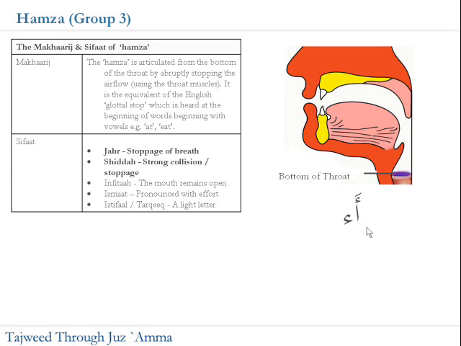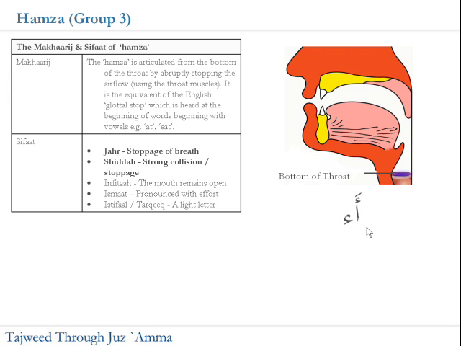So in terms of practicing, this takes a bit of practice. You have to try and close the bottom of the throat very abruptly. And then with the vowel sound, it would be a, e, u.